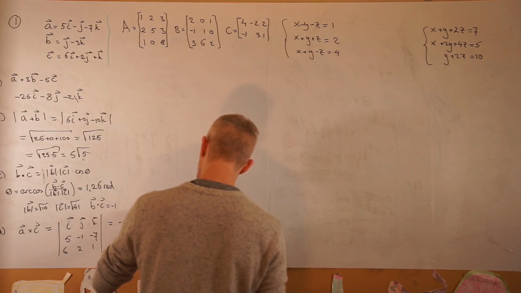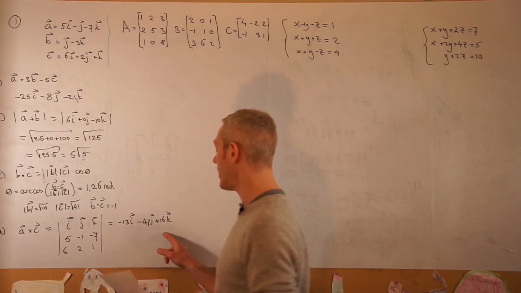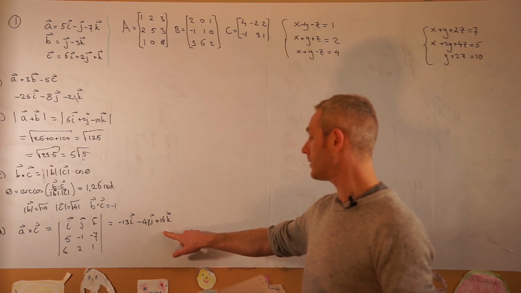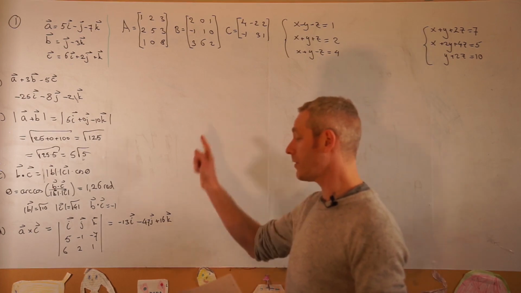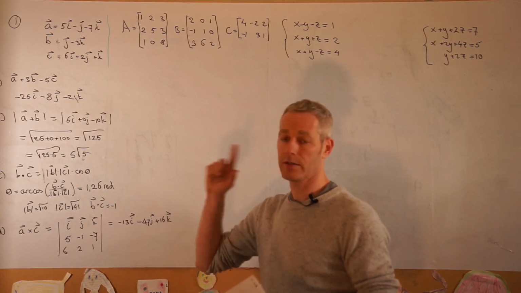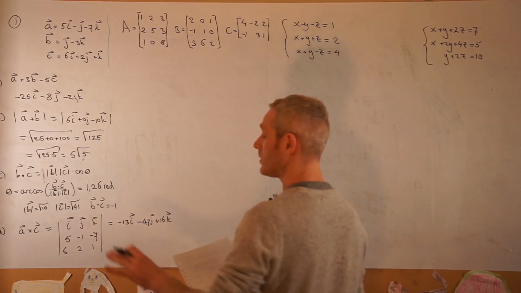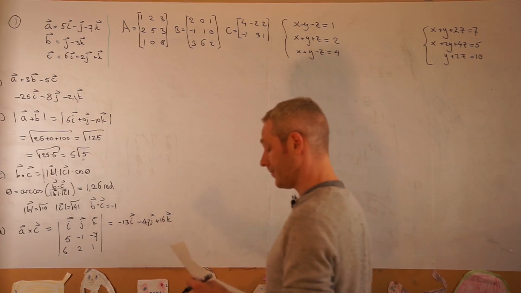So there's plus 16k, and this is my cross product. But you can also use a different formula. You might not have seen this, but this is the way I remember it. If you don't know this, just ignore it, then this is the answer.